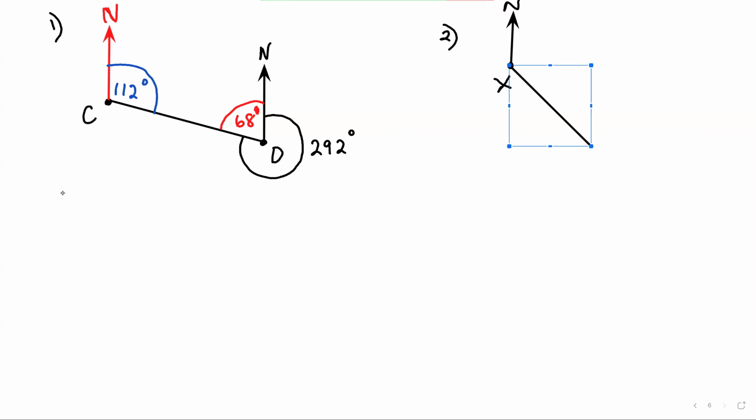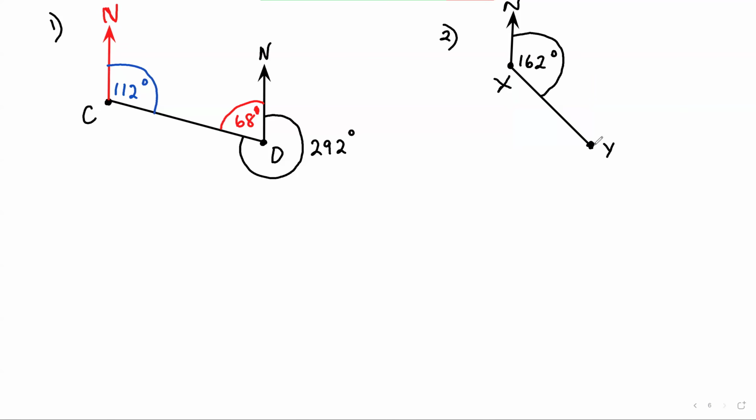Here would be your point Y. So Y is on a bearing of 162 degrees from X. So that's this angle over here, right?